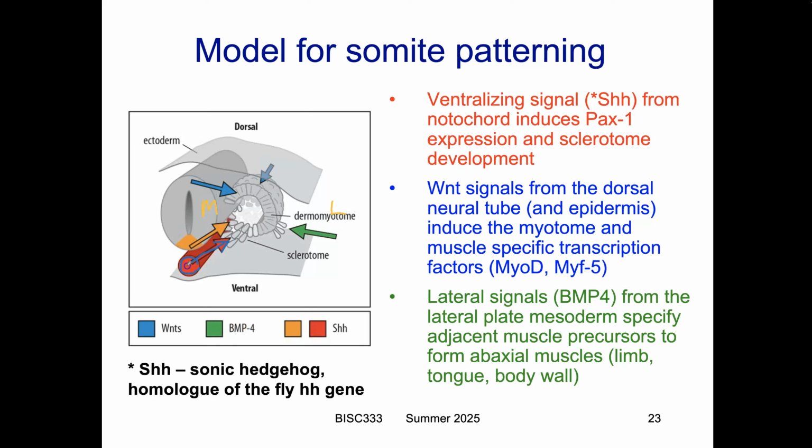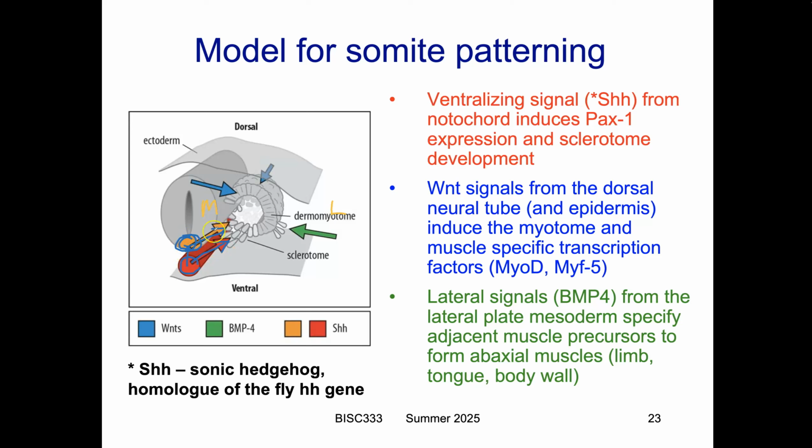And the notochord also signals to the neural tube, and helps to pattern it, which we'll talk about later. But signals from the notochord also induce sonic hedgehog expression on the ventral side of the neural tube.